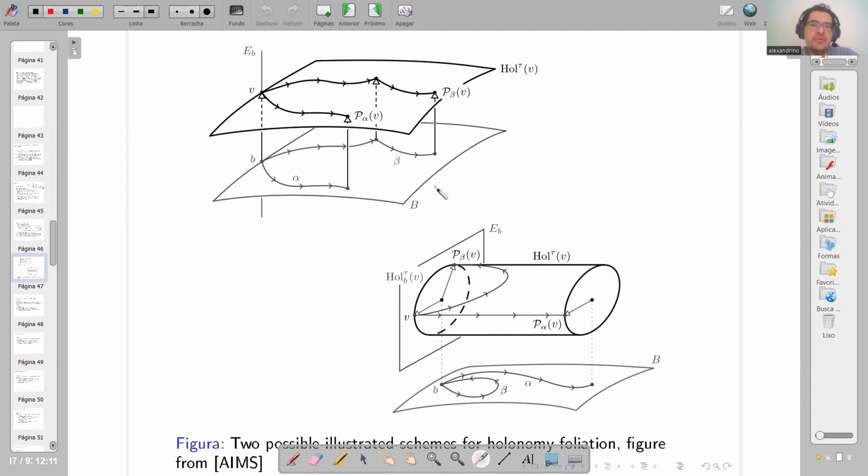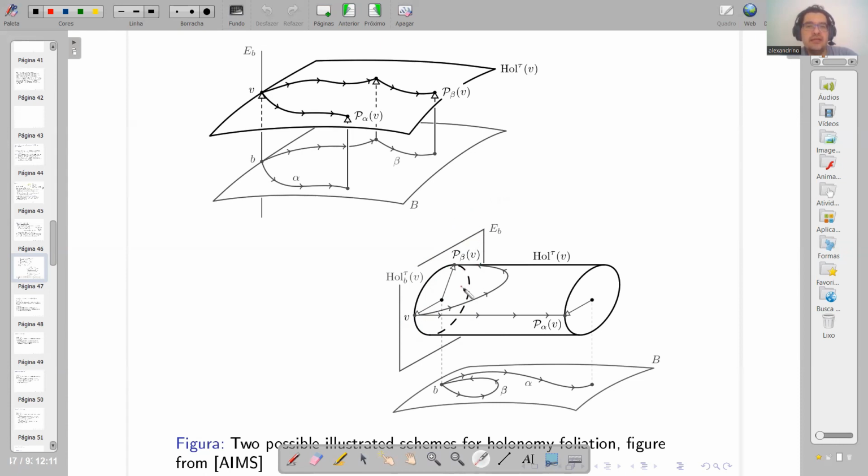With the Sasaki metric, this partition turns out to be a singular Riemannian foliation. This is not difficult to see. Essentially, the Sasaki metric implies that the fibers are totally geodesic. And since here we have a partition of a vector space into orbits of an isometric action, these foliations in the fibers are isometric singular Riemannian foliations.